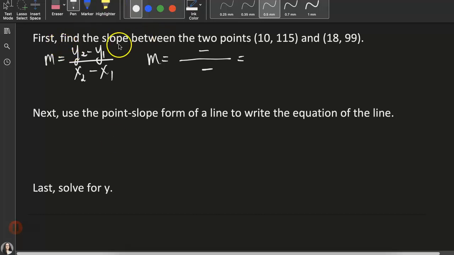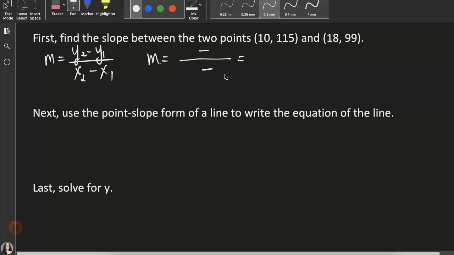So back up to the top here, we first want to find the slope between the 2 points. I've already written here the equation or formula, we could say, for slope whenever we have 2 points. So let's subtract the y values and then divide by the difference, or subtracting here, the x values.